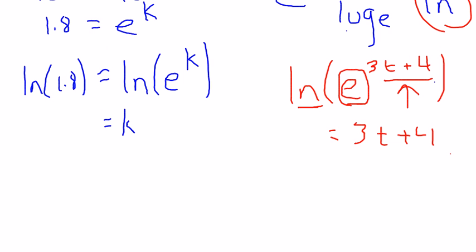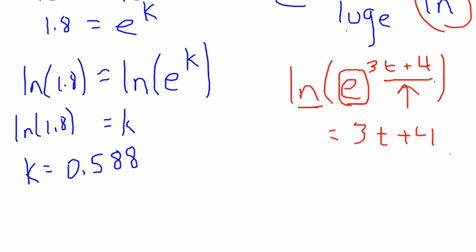So, I get k is equal to ln of 1.8. Now I get my calculator out, type it in. It gives me k is equal to 0.588. That's rounded. My suggestion is to store that variable on your calculator and use it from here on out.